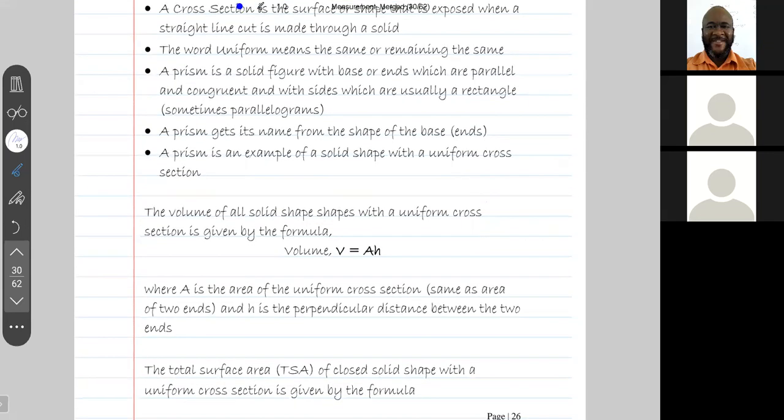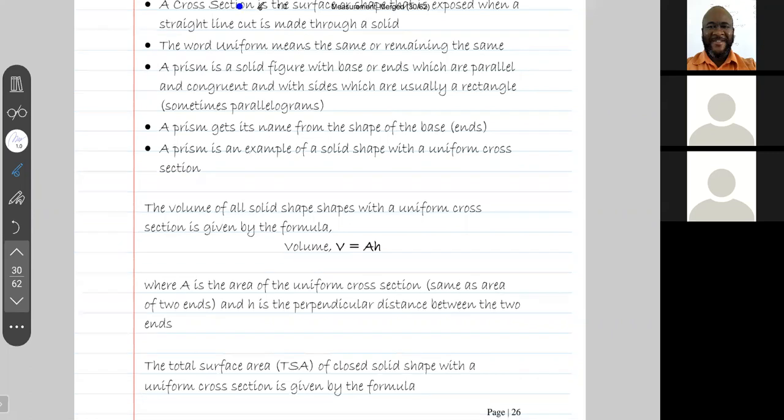The volume of all solid shapes with a uniform cross-section is given by the formula V is equal to A times H. The A in this formula stands for the area of the uniform cross-section, and the H is the perpendicular distance between the two ends. All right, so you'll see that in action in a second.